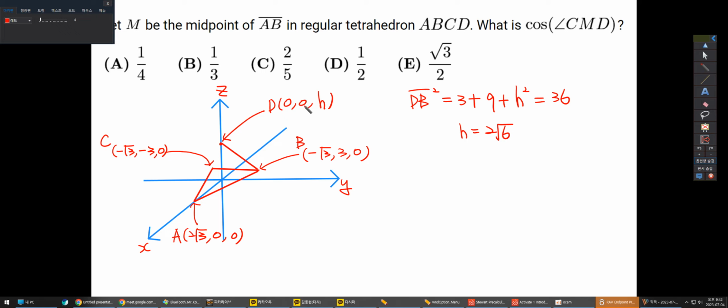Yep, so we find the value of the coordinate for D. And then M is the midpoint of AB, so M will be here. So the midpoint coordinates.